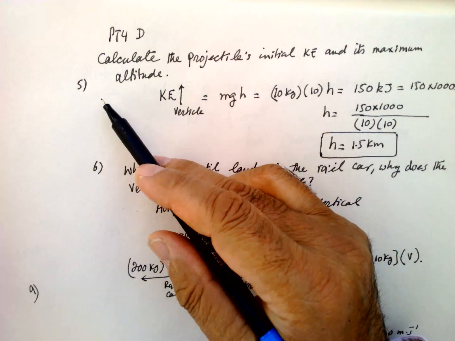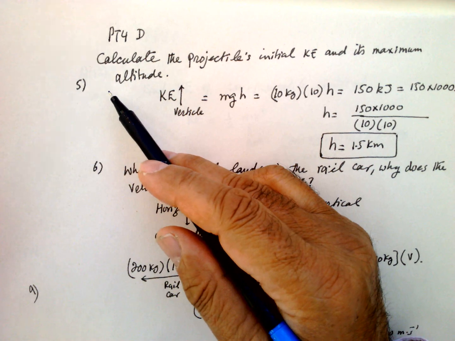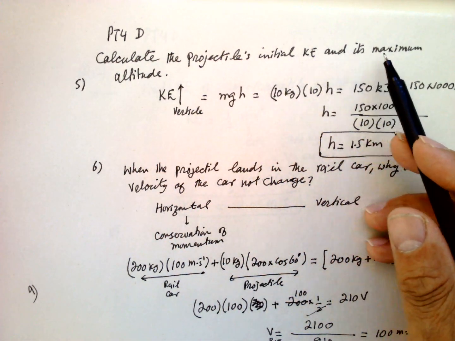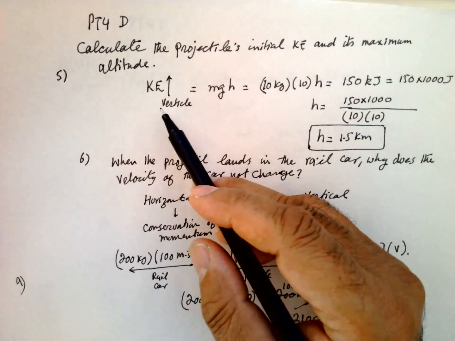And question number 5 of this section. Calculate the projectile's initial kinetic energy and its maximum altitude.